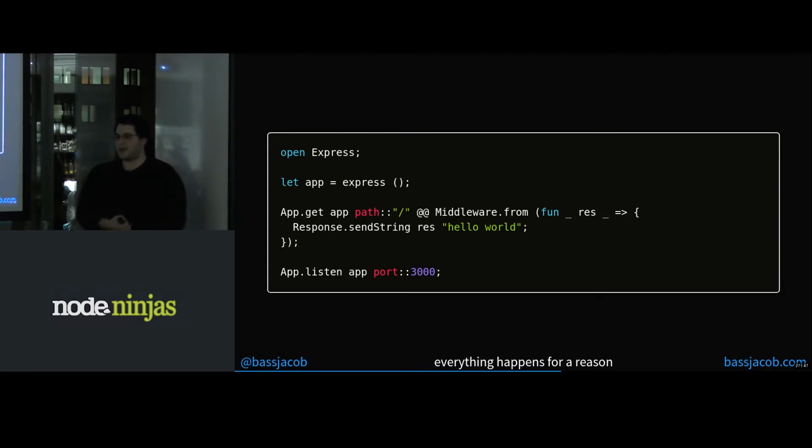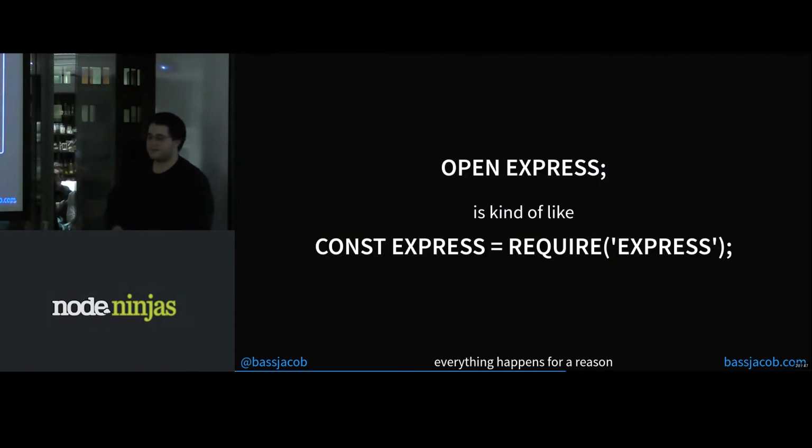We create an application by invoking Express. We create a get route on the slash path that handles any request and calls back with the string hello world, and then listens on port 3000. It's exactly the same program, without having to think too much under the hood.